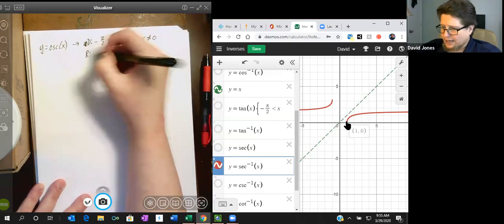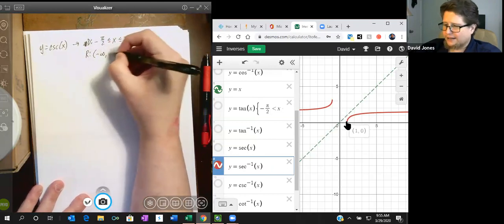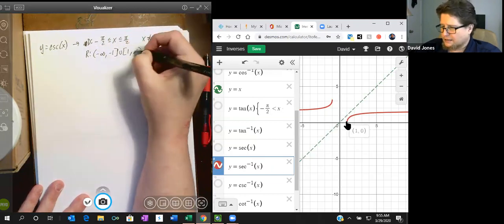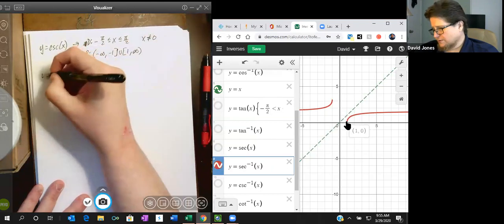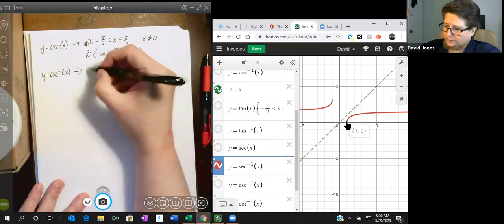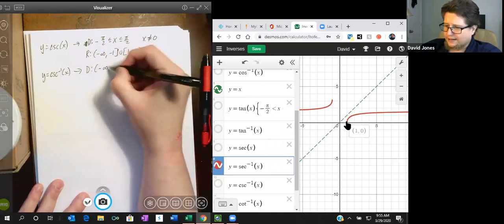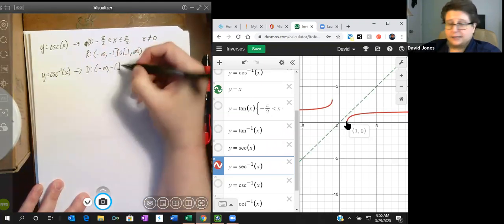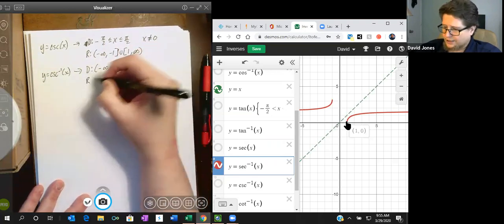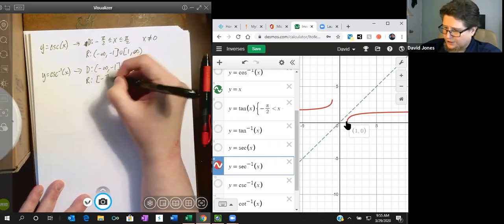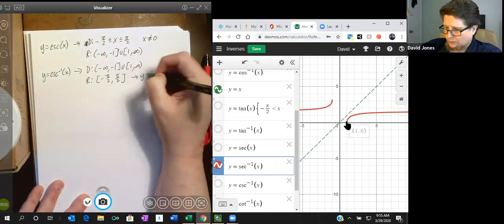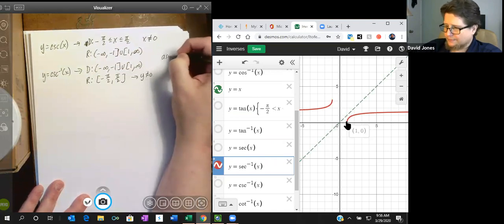The range also had that crazy domain, negative infinity to negative 1, in union with 1 to infinity. When we switch to cosecant inverse, these two swap. The domain is now negative infinity to negative 1, in union with 1 to infinity. And the range is now negative pi over 2 to pi over 2, and we don't want y to equal 0. Those are our asymptotes.